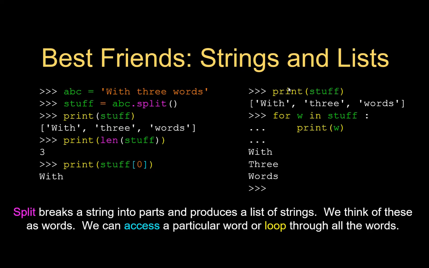So here our stuff variable is again a list, and we can do a for loop using an iteration variable, which is w. So for w in stuff, just print w, which is going to go one by one through the members of the list that we have, which is going to be with 3 words.